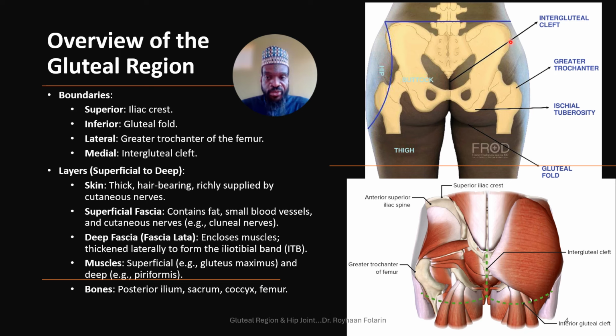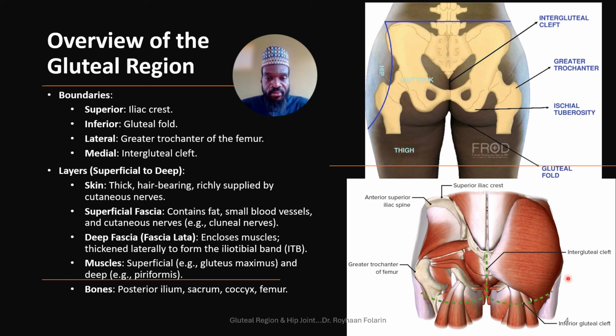Superiorly, the gluteal region is bounded by the iliac crest, the crest of the iliac bone. Inferiorly, there is the fold between the gluteal region and the back of the thigh, referred to as the gluteal fold or the inferior gluteal cleft. This is the inferior boundary.